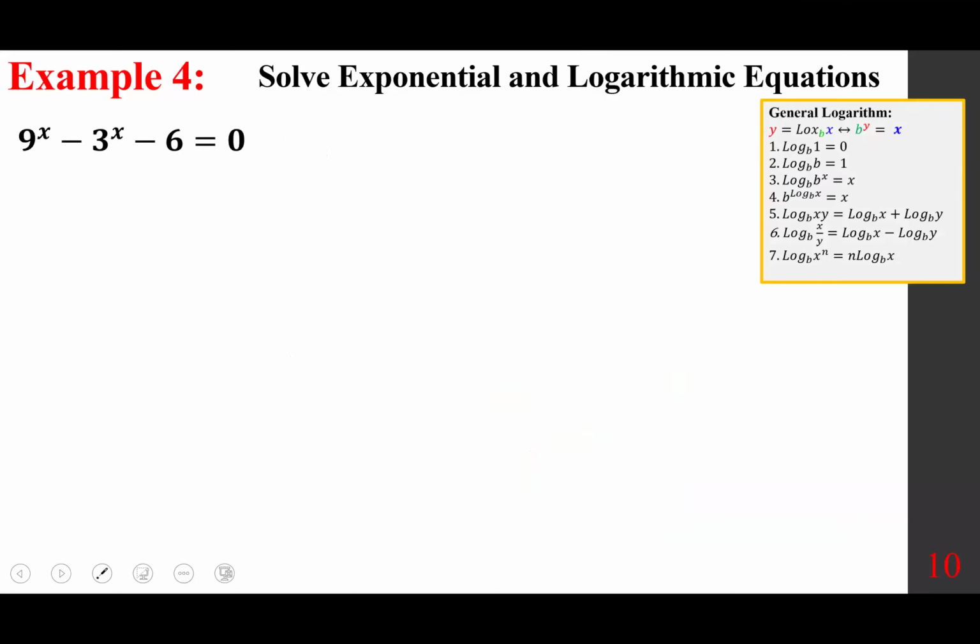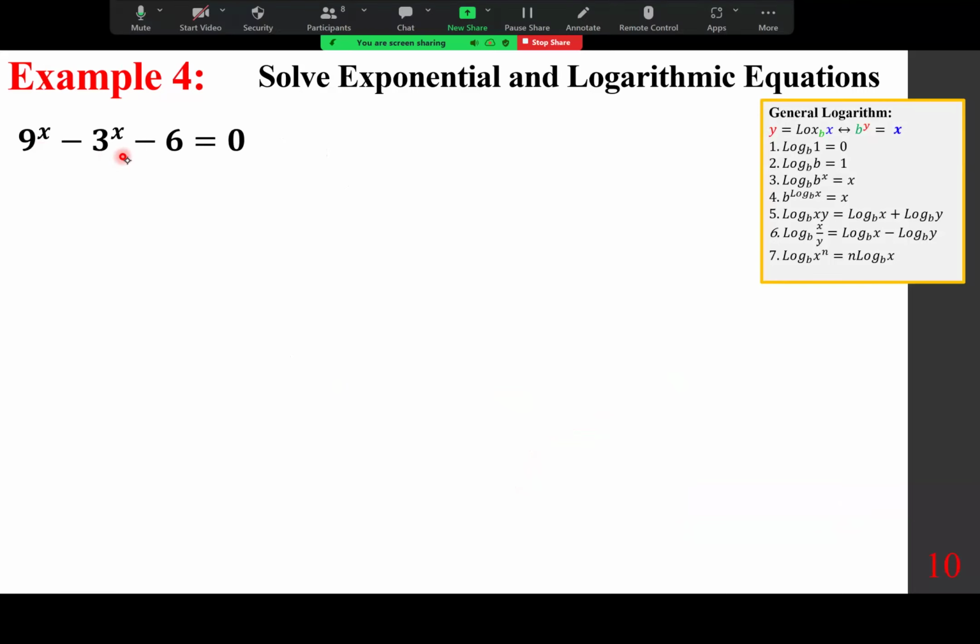All right, we are going to move on to look at more examples. 9 to the power of x minus 3 to the power of x minus 6 equals 0. Notice that 9 is 3 squared. Therefore, 9 to the power of x is 3 to the power of x, squared.